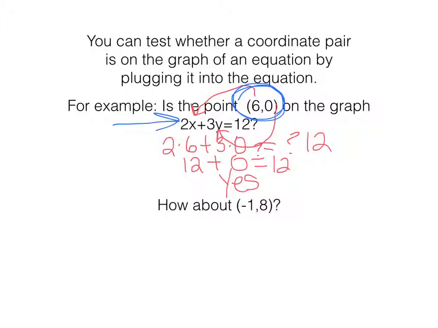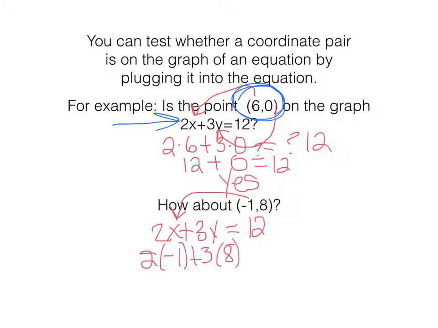What about (-1, 8)? Try it on your own and push play when you think you have an answer. Let's see. So we should have written 2x + 3y = 12. Since x is -1, that would be 2 times -1 plus 3 times 8.